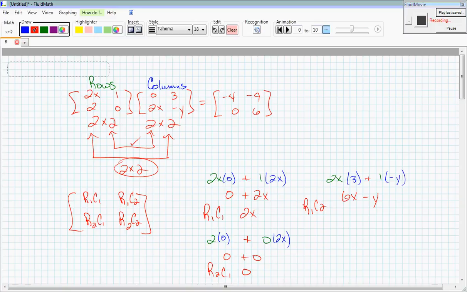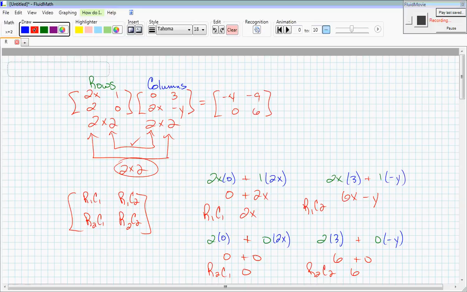And last but not least, we have row 2, column 2. Now we're back to row 2, so we have a 2 and a 0. Still in column 2, we have a 3 and a negative y. When we find these products and add them, 6 plus 0 gives us 6. So in row 2, column 2, it's 6. Come up here and double check.